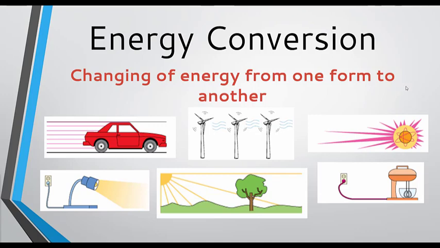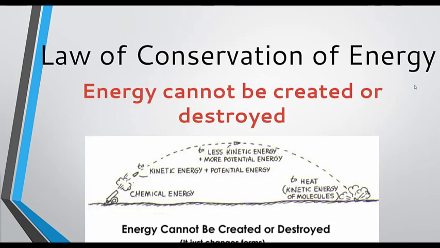An atomic bomb takes nuclear energy and changes it into thermal energy, or heat, and the mechanical energy of the blast. Finally, a mixer that we plug into the wall takes electrical energy and changes it into mechanical energy, the movement of the blade spinning, and sound energy, the noise those blades make.